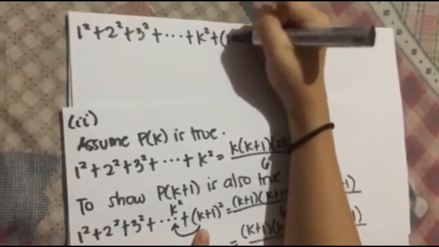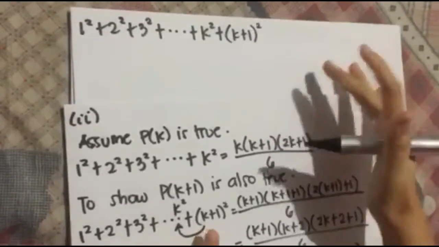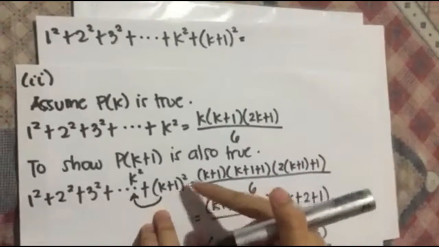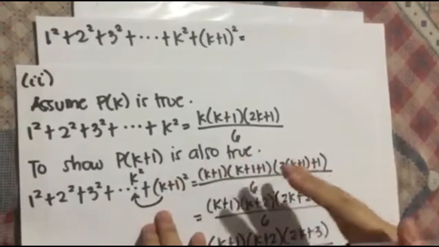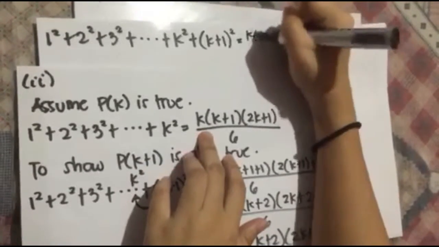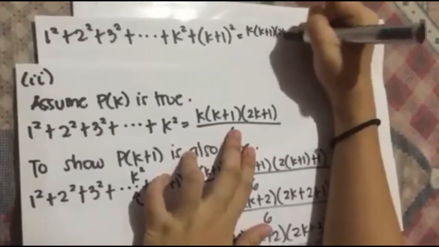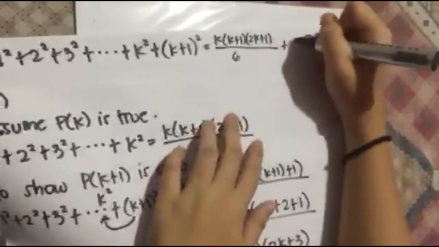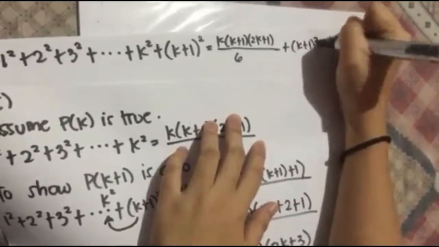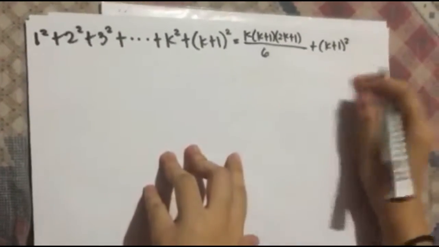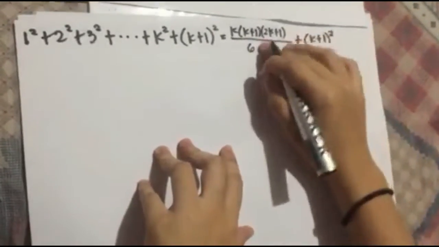For the right side, since we added k plus 1 squared to the left side, we should also add k plus 1 squared to the right side. So k times k plus 1 times 2k plus 1 over 6 plus k plus 1 squared. As I've said, we need this to become like this.